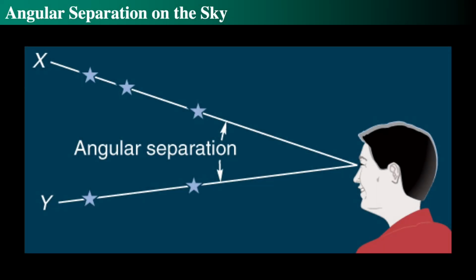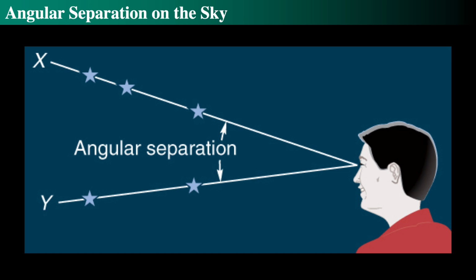Our next step is to look at the angular separation on the sky. If we have two directions, say direction X and direction Y, it doesn't matter how far a star is away in X or how far a star is away in Y. They could be very far away or they could be very near. It doesn't matter.